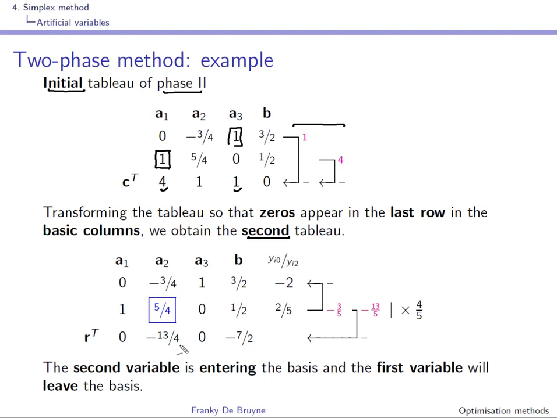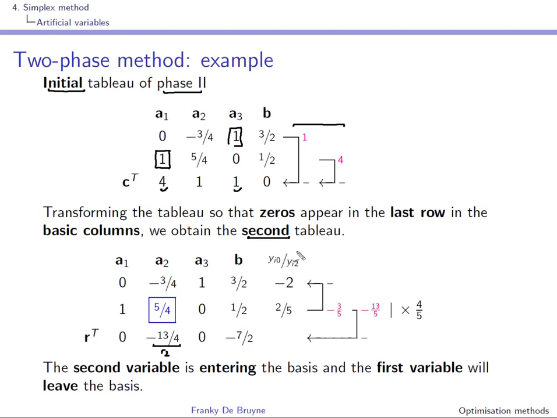So we have here R2 that is negative, which is saying that the initial basic feasible solution is not optimal. We can make sure that x2 is entering the base, and of course we have to look at which variable is going to leave the base.